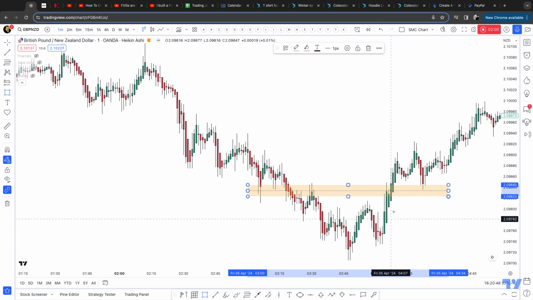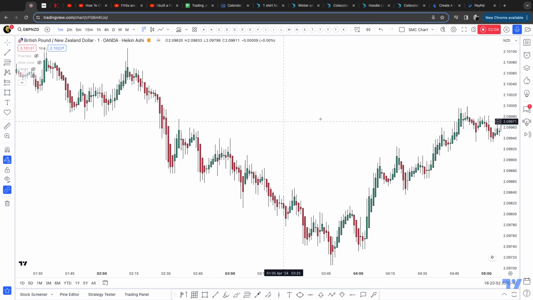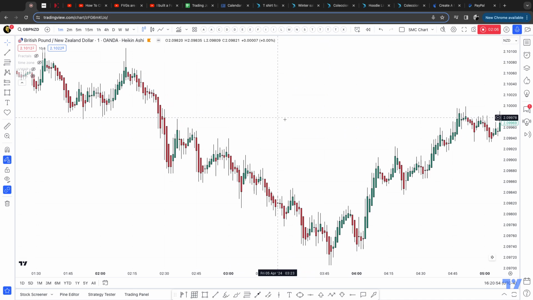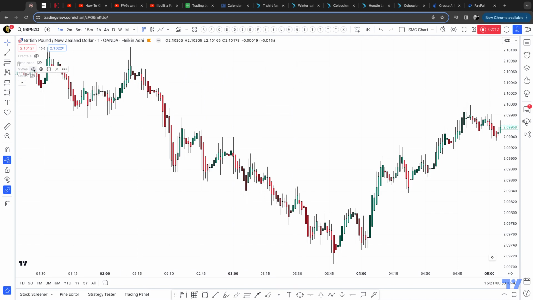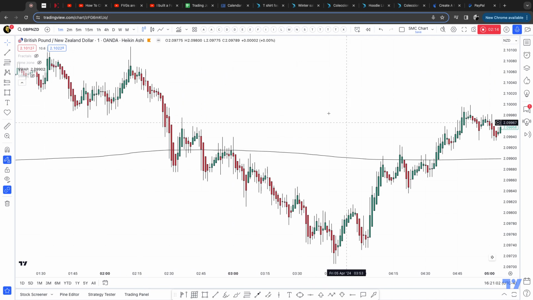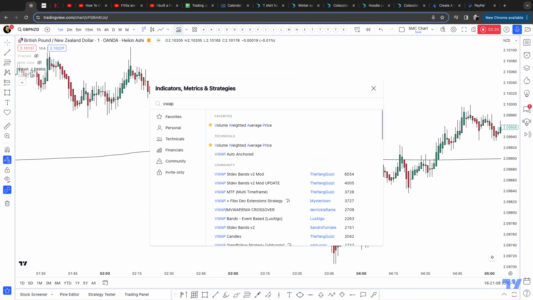So right here, I'm just going to show you an example of this strategy. You're going to need two indicators, probably three. The third indicator is not necessary, but one of them is called the VWAP, volume weighted average price. This is very important. This is just the standard VWAP.